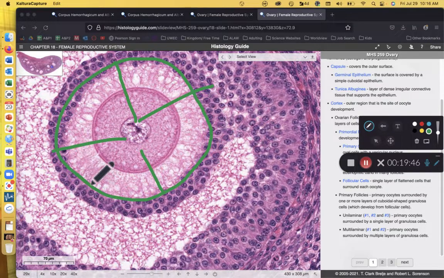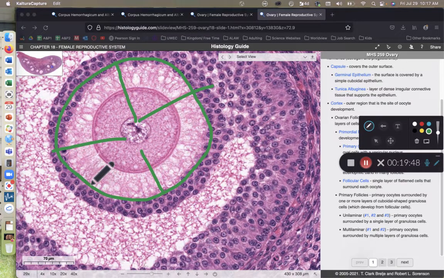The cells of the corona radiata go around the zona pellucida of our secondary oocyte. It's also worth emphasizing the zona pellucida is an acellular or extracellular membrane that's superficial to the secondary oocyte.